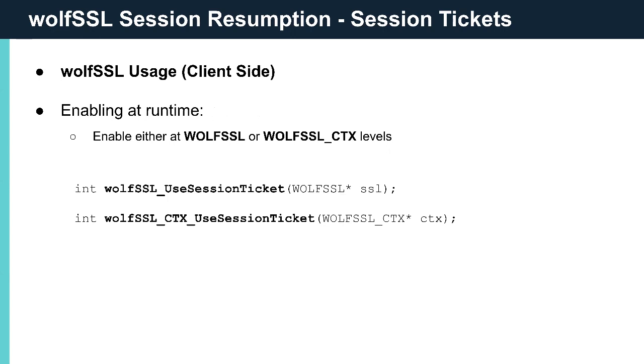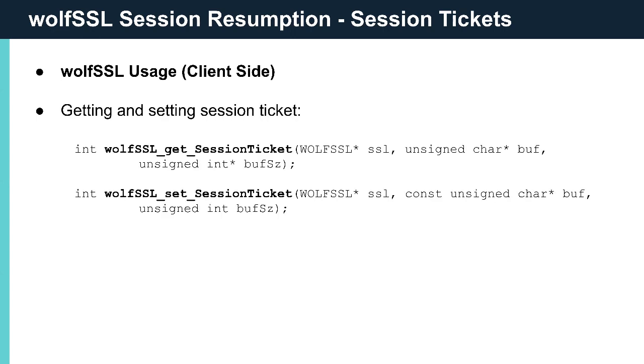So using session tickets from the application's perspective on the client side, first you want to enable them at runtime, either at the session level or the context level, using the wolfSSL_UseSessionTicket or wolfSSL_CTX_UseSessionTicket APIs. You can get and set the session ticket using wolfSSL_get_SessionTicket and wolfSSL_set_SessionTicket.